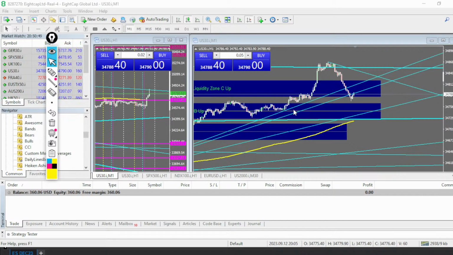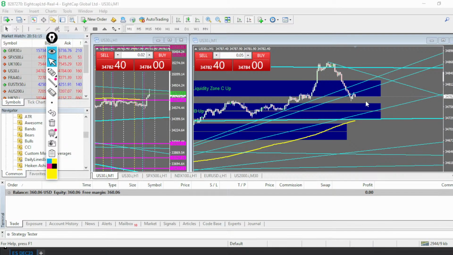What we're doing today is using the liquidity zones to enter trades to go long or short. Getting some sort of rejection at this area.